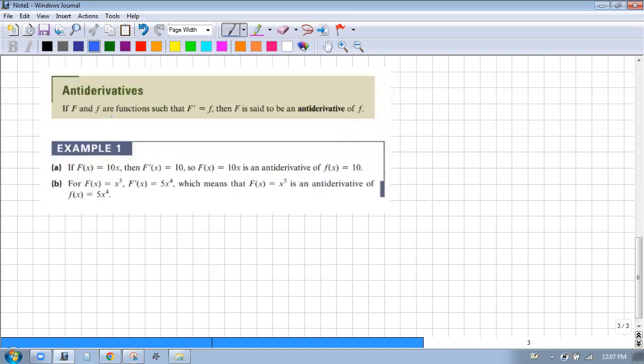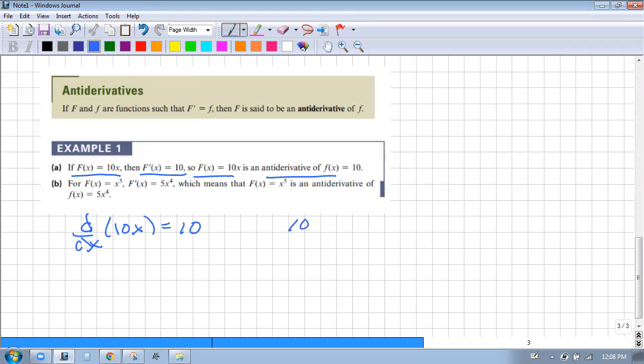They use this big F and little f because they don't want to introduce the integral symbol just yet, right? So they say if big F is 10x and f prime equals 10, then big F is the antiderivative of little f. So all they're saying is the derivative of 10x is 10.